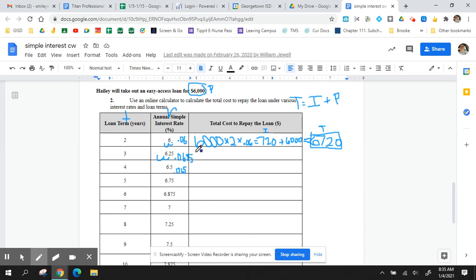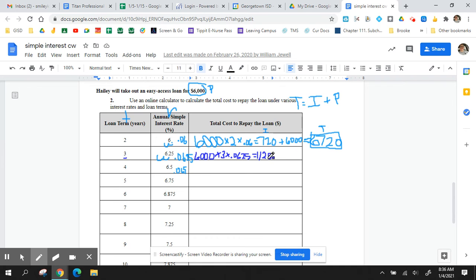So again, if I were to do this next problem, I would have 6,000. I wrote it out: 6,000 times 3 times 0.0625. Remember, each time your year changes and your rate changes. So on the next one, it'd be 4 and this one. If I were to type that in my calculator, and remember, you can use your phone calculator, you can use Desmos, I would get $1,125.